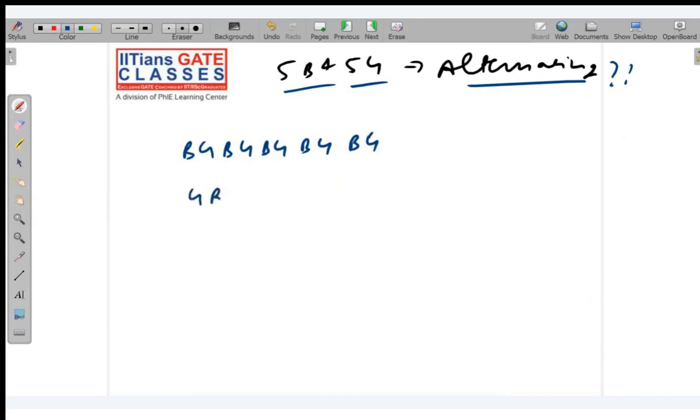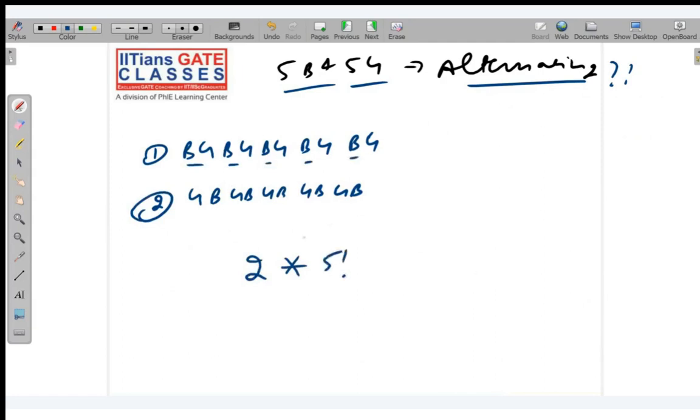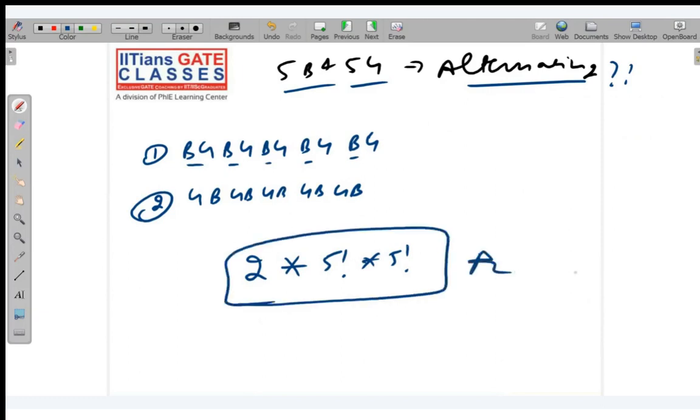Next is girl boy, girl boy, girl boy, girl boy, girl boy, so 5 girls and 5 boys are over. So only 2 ways are there. Now 2 will be multiplied by the boys' arrangement 5 factorial and the girls' arrangement 5 factorial. So 2 into 5 factorial into 5 factorial, this is my answer.